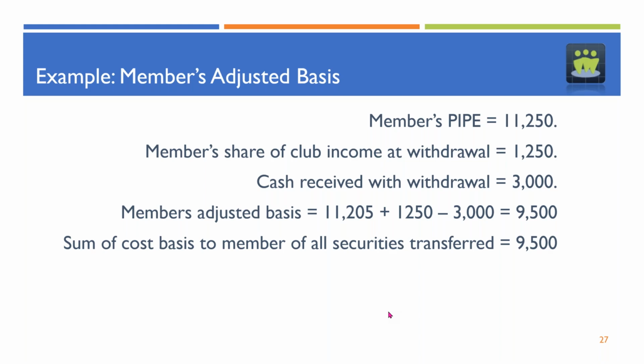So their cost basis at the withdrawal is $9,500. And if they received only stock for their withdrawal, if you added up the cost basis of all the shares they received, it would come to $9,500.